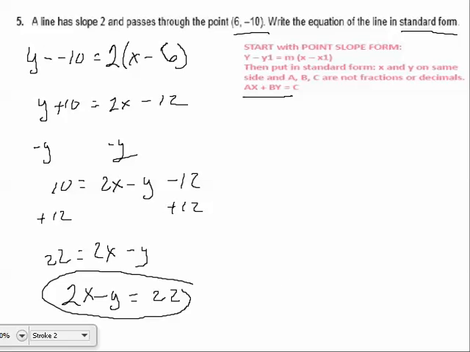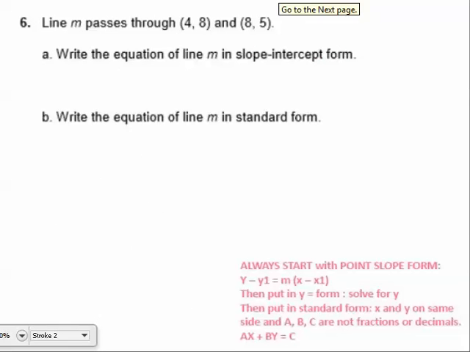Okay, moving forward here. Line M passes through these 2 points. They want me to write the equation of line M in slope-intercept form. Well, first thing I need to do is find the slope m. I'm going to take 5 minus 8 divided by 8 minus 4.